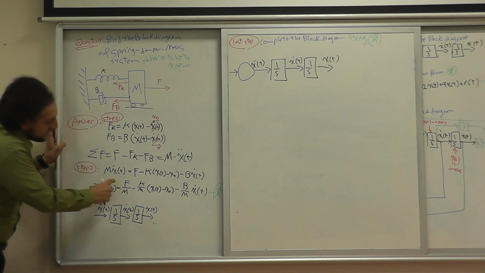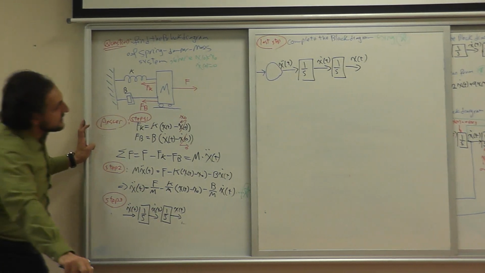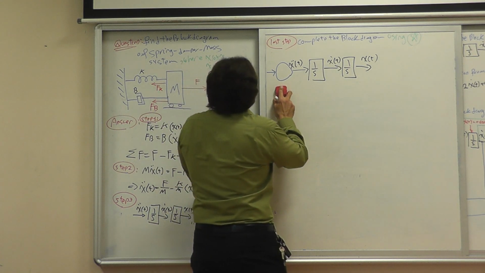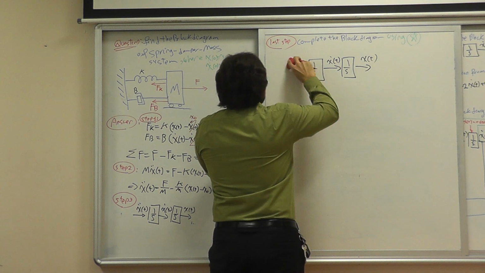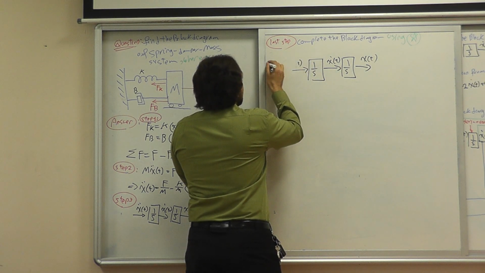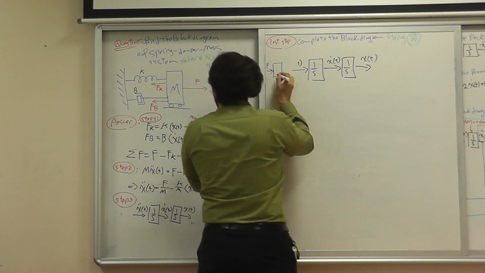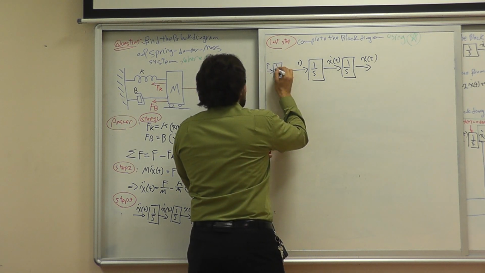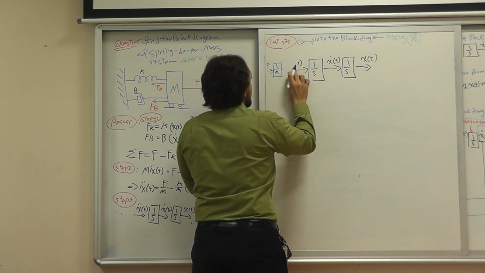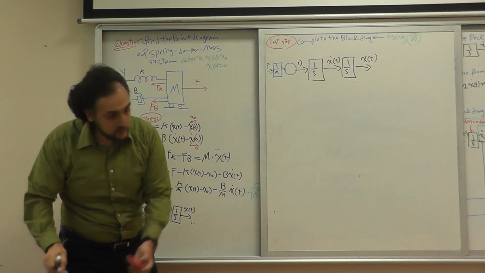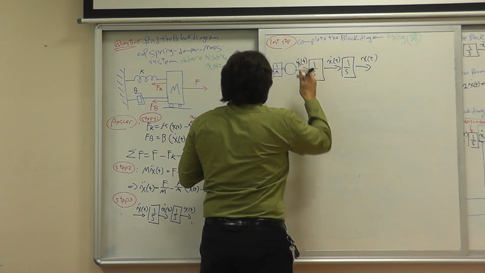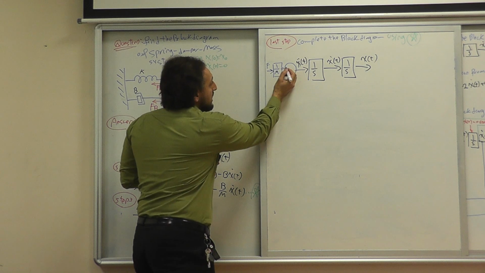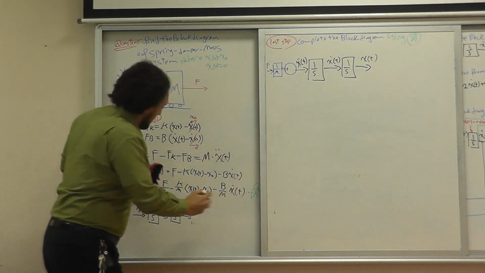But what it is F over M. So I need just a bit space here. So this is F multiply what? 1 over M. Then summing junction, then this is plus or minus? Plus. This we finish.